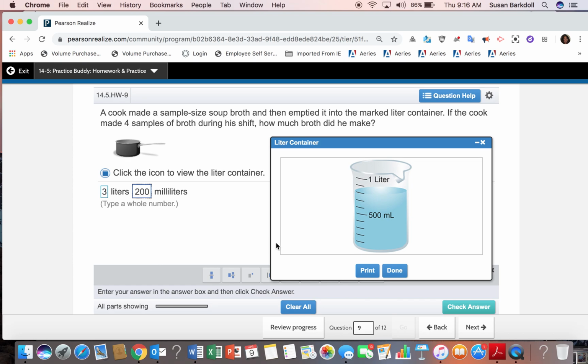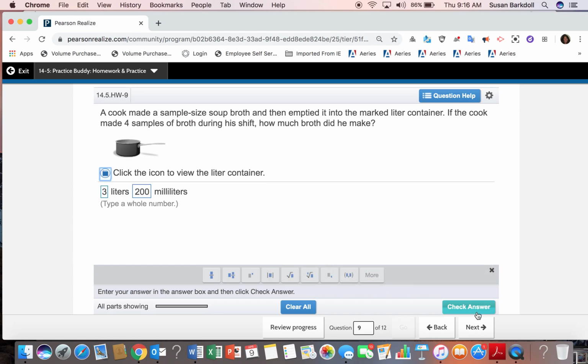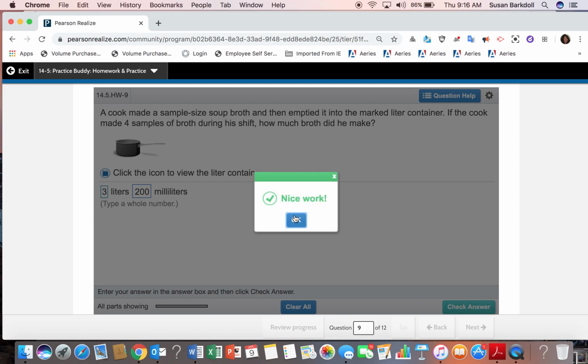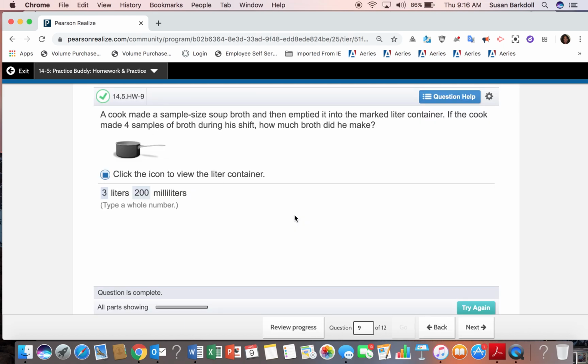Pretty tricky there. They are really challenging you to grow your brain. Please remember that 1,000 milliliters equals 1 liter.